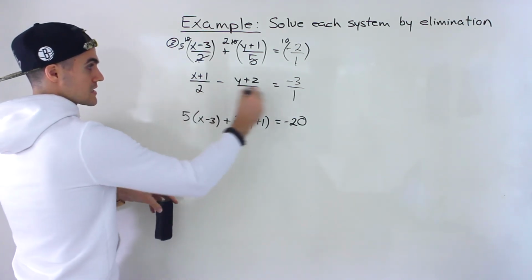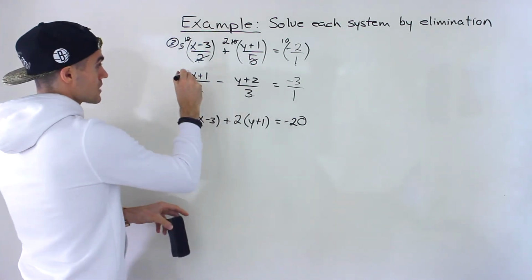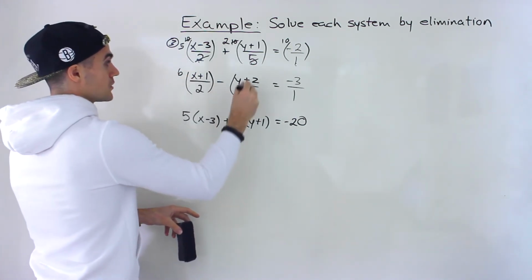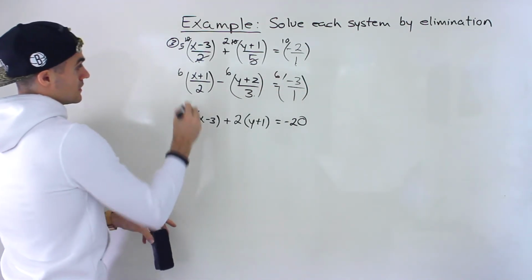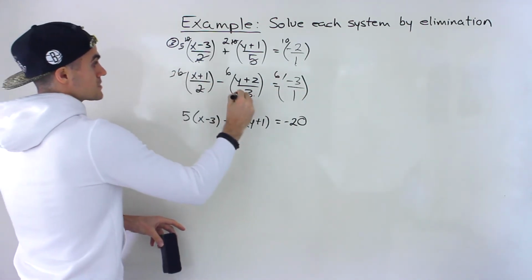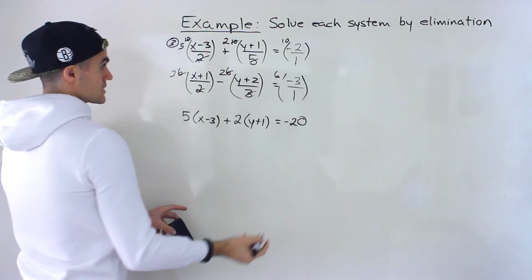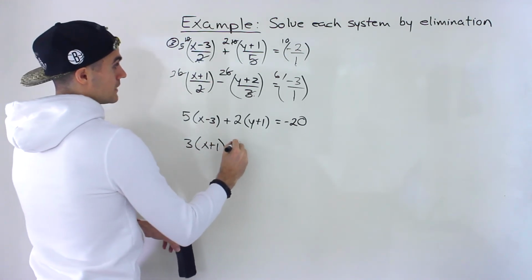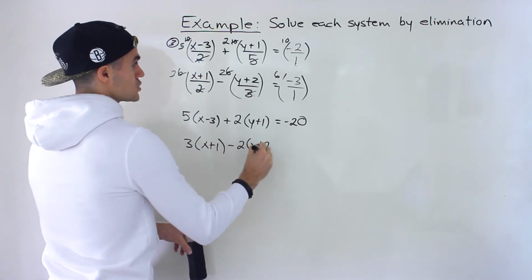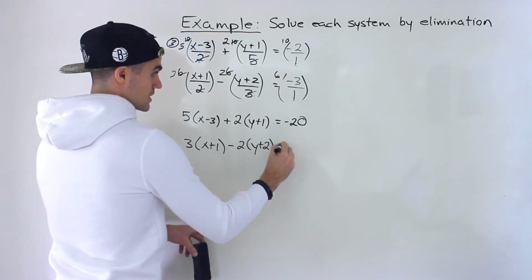Okay, if we follow the same process here, 2, 3, 1, 6, lowest common denominator, multiply by 6, multiply by 6, multiply by 6. 2 goes into 6 3 times, 3 goes into 6 twice, 1 goes into 6 just 6 times. So we'd end up with 3 bracket x plus 1 minus 2 bracket y plus 2, yep, equals negative 18.